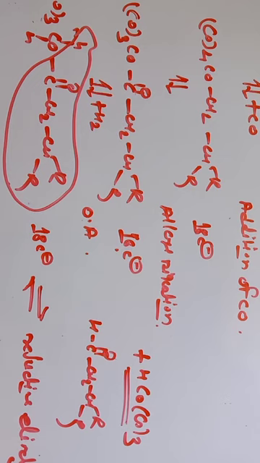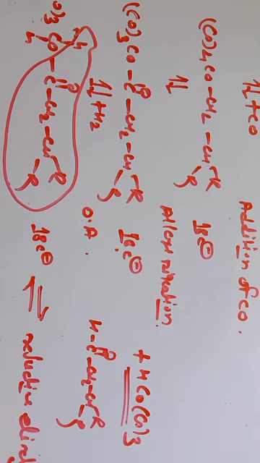Then there is a conversion of 18 electron into 16 electron species, then addition of carbonyl, again converting 16 to 18. Then there is alkyl migration. Whenever a sigma donor and pi acceptor ligand is present, there is a chance of 1,1 insertion reaction, known as alkyl migration.